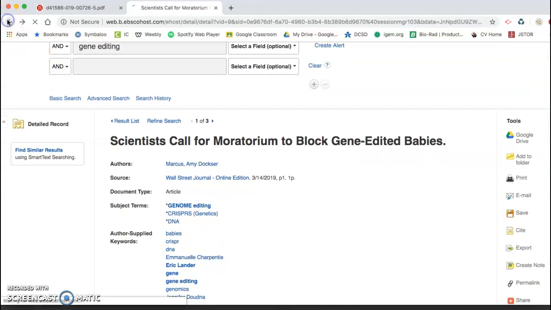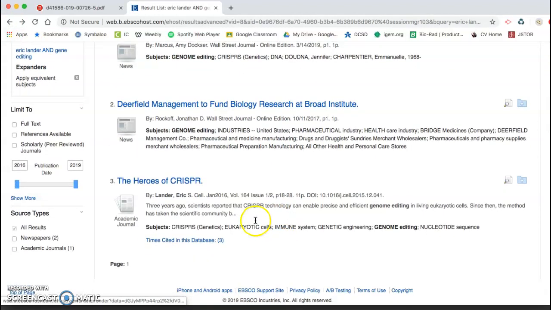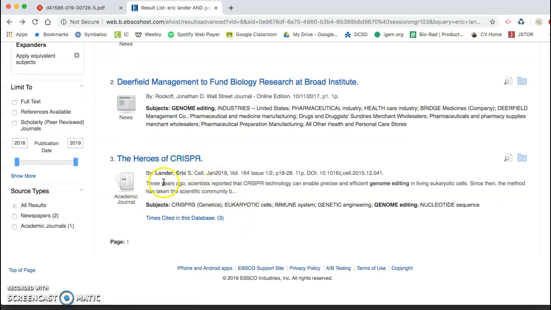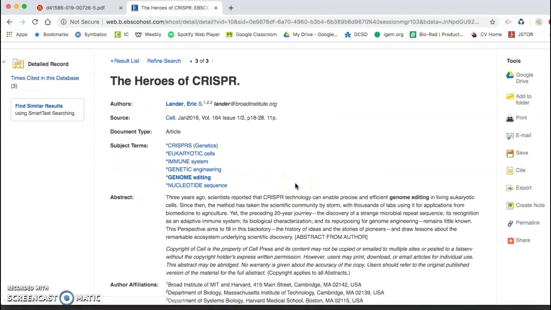So that comes from the Wall Street Journal. The Heroes of CRISPR. So this one's interesting. This is an academic journal, and this is by Eric Lander in Cell, January 2016, right? So let's see what we got here.